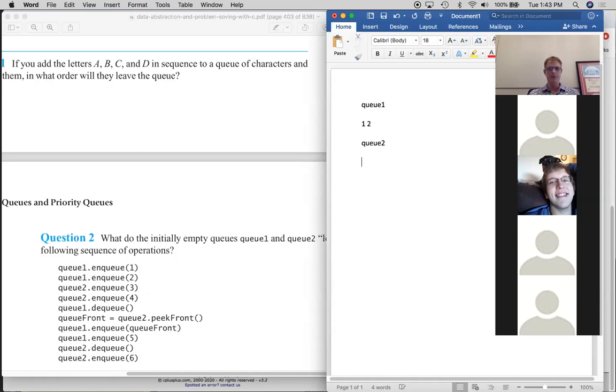Q2 dot enqueue 3 means that. Q2 dot enqueue 4 means that. Q1 dot DQ means take the 1 from the front of Q1. Qfront gets Q2 dot peek front. So now we're going to have a variable called Qfront, and it's going to be equal to 3. Everyone okay so far?